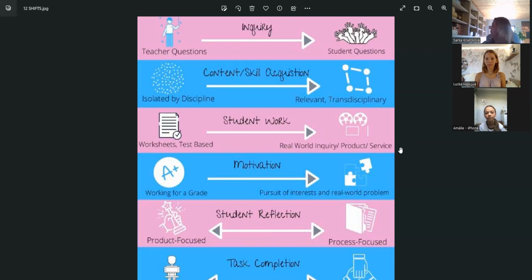Yeah, and when we are talking about test-based things and worksheets, when I have the sets of cards, how can I actually show the product in a real-world inquiry with the boxes? How can I show the student work in it? How do I know what you know?